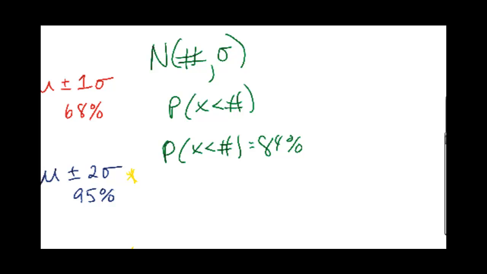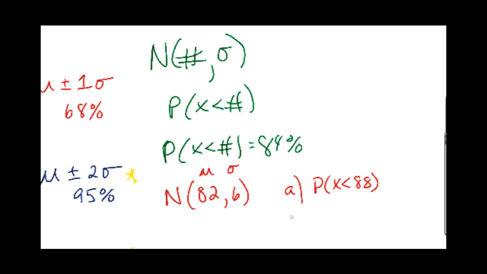Let's take an example. Let's say that we have a normal distribution on your stat test with a mean of 82 and a standard deviation of 6. So that would be your mu, and that's your sigma. What we need to do is come up with a couple of problems. First, what's the proportion of the class that got below 88? Then the proportion of the class that got below 70.